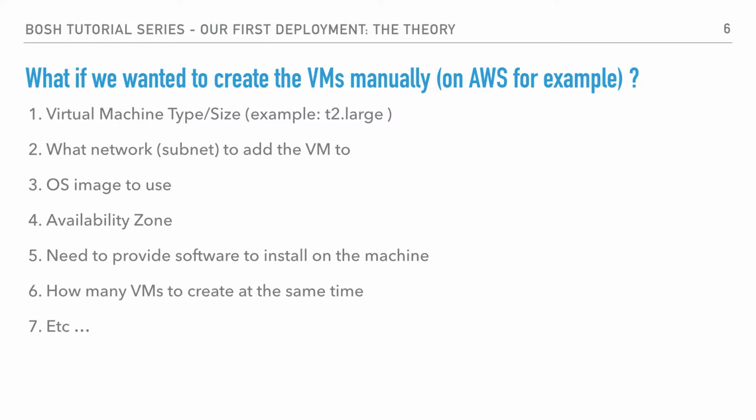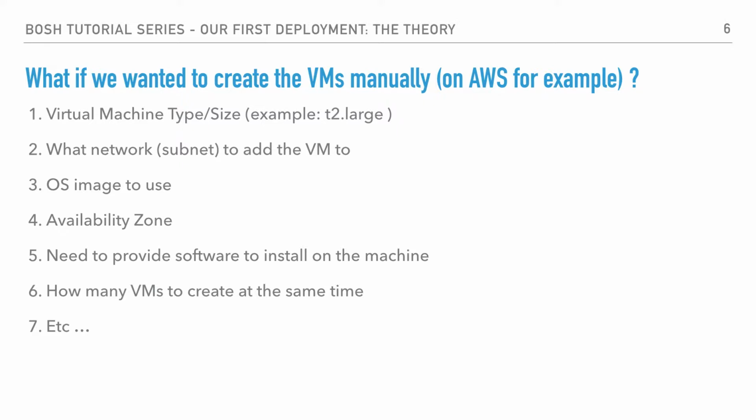So let's take a step back. Let's say we want to create those VMs manually. I'm going to assume that you have maybe a small experience with Amazon AWS, not too much, just a basic knowledge. Let's say we want to have 3 VMs. What do we need to know before we create those VMs?